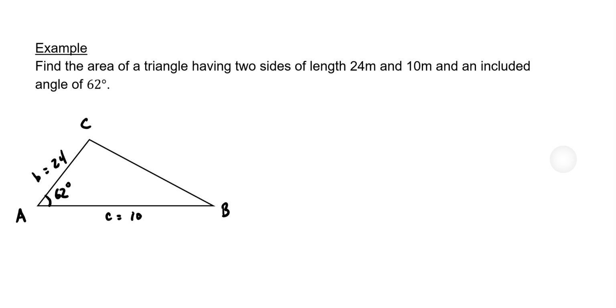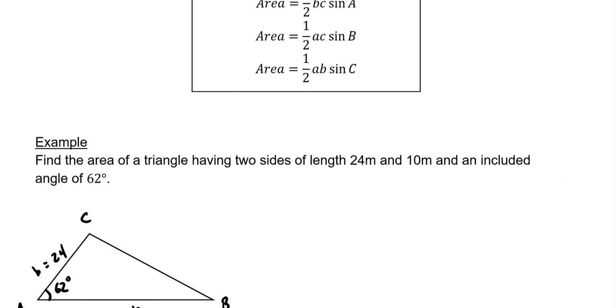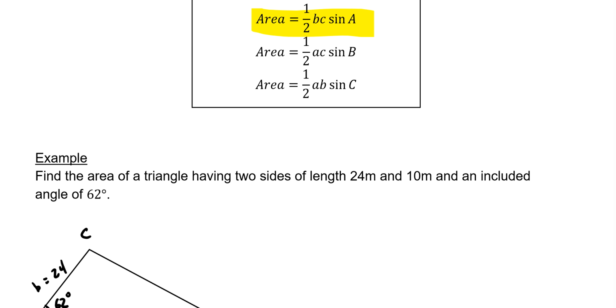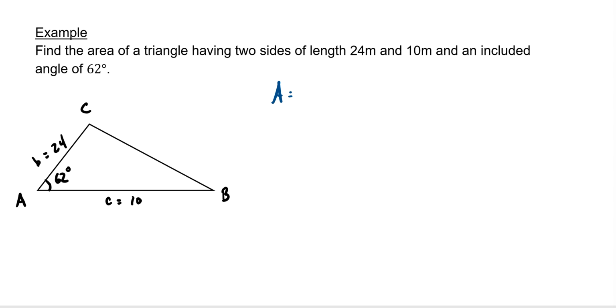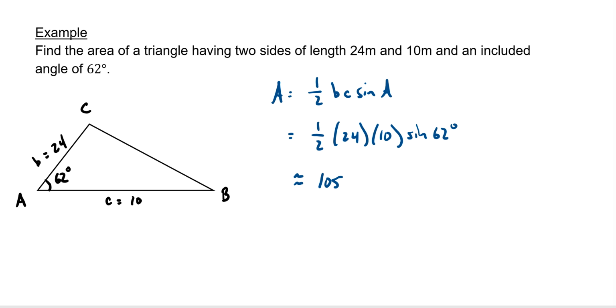Based on the way that I wrote this down, we're going to be using this one right here, 1/2 BC sine of A. So we have the area equals 1/2 B times C times sine of A. So we get 1/2 times 24 times 10 times sine of 62 degrees. Just plug that in the calculator, and we end up getting an area of about 105.9. Since this is in meters, the area would be square meters.